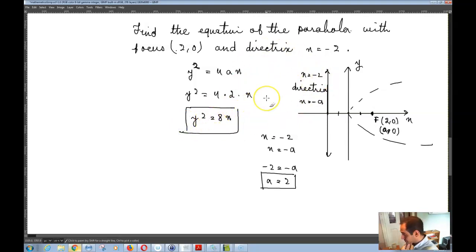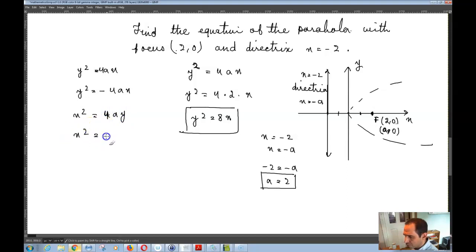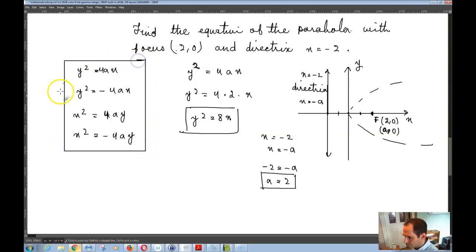If you understand the situation, you will be able to use one of these equations: y squared is equal to 4ax, or y squared is equal to -4ax, or x squared is equal to 4ay, or x squared is equal to -4ay, and then using any of these 4 equations, write the equation of your parabola.